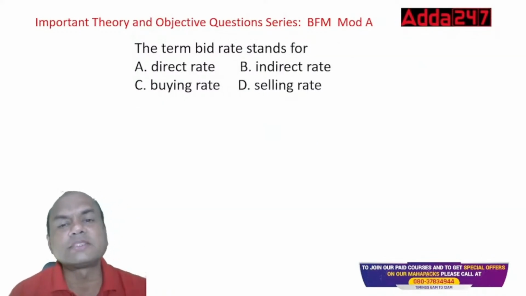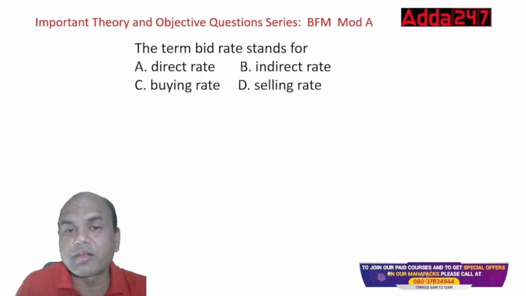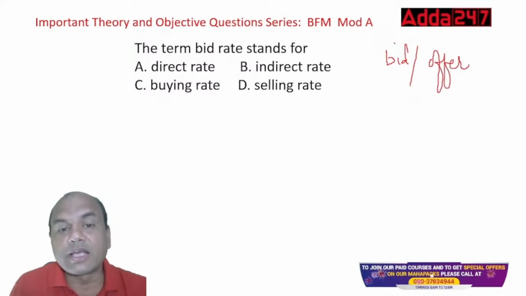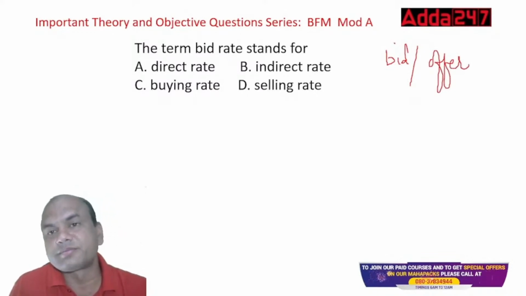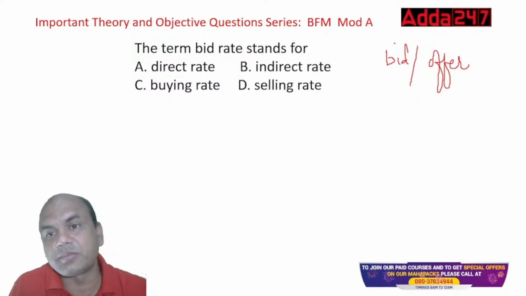The term bid rate stands for, bid means what? We have this bid and offer, right? Bid means your bid, and second is offer. So what is this? Direct, indirect, buying, selling. Always remember, bid is equal to, let me get it from you.